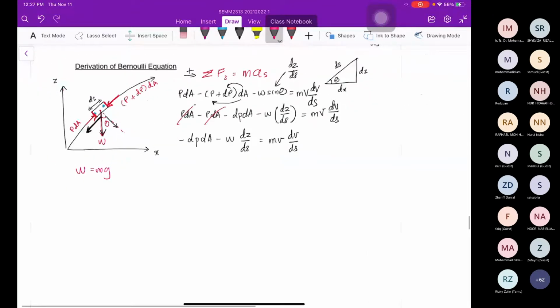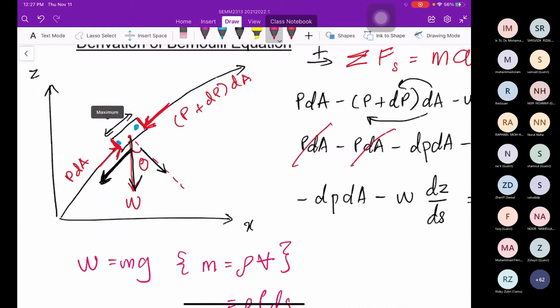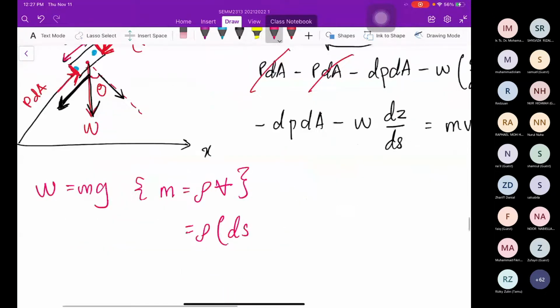Here, mass is equal to rho multiplied with volume. Thus, the volume of this element is ds, the change in this one, multiplied with the area dA.